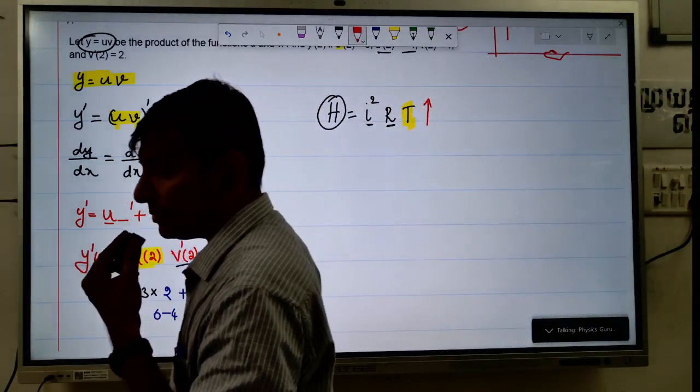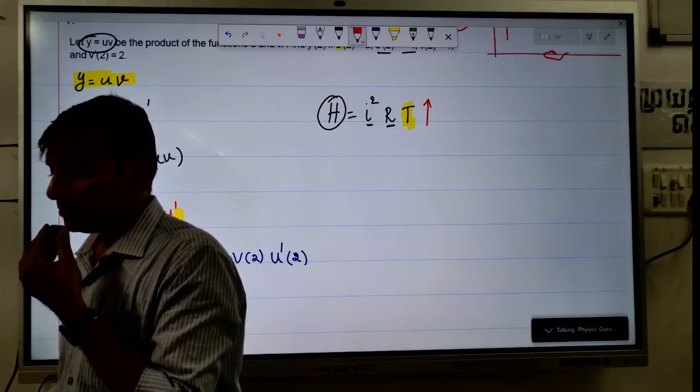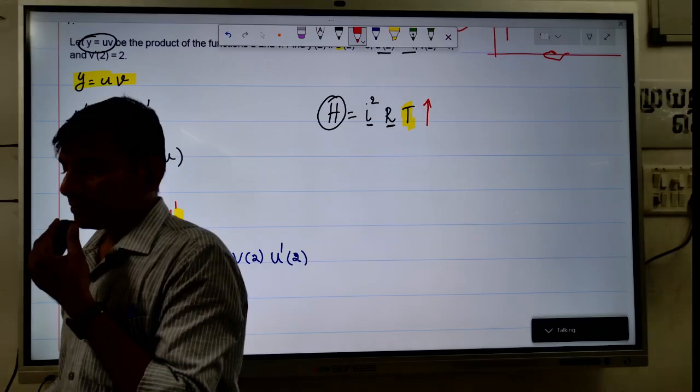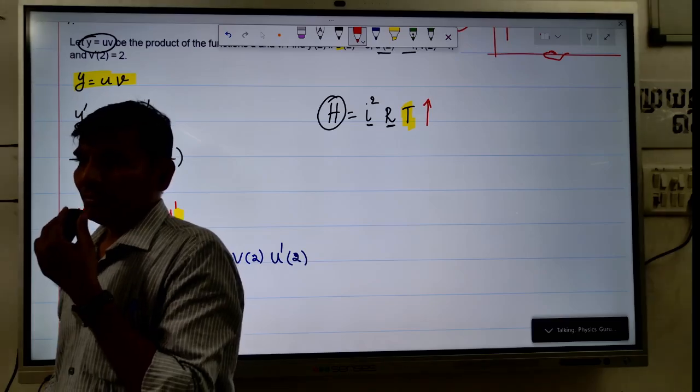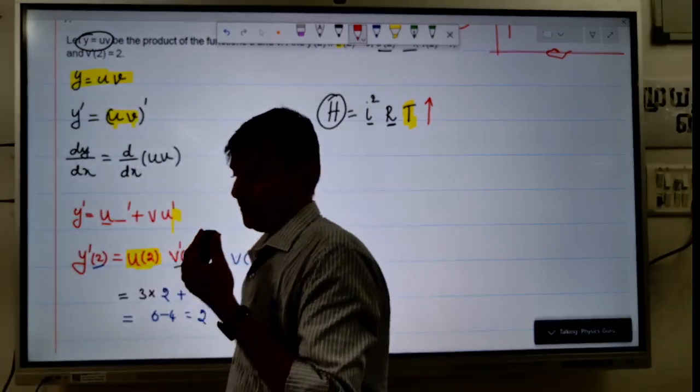Which quantity will increase when the heat is increasing? Grade 10. No sir, when the heat increases, resistance will increase. Here is a formula.